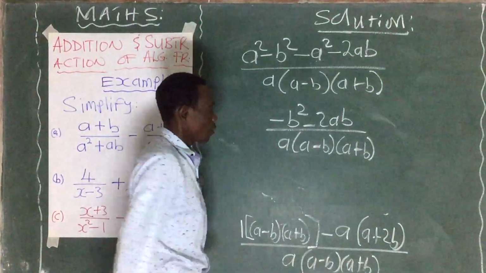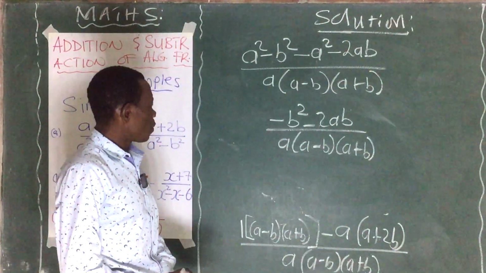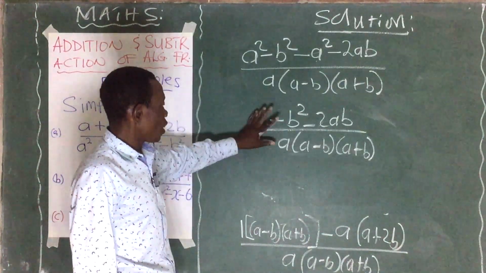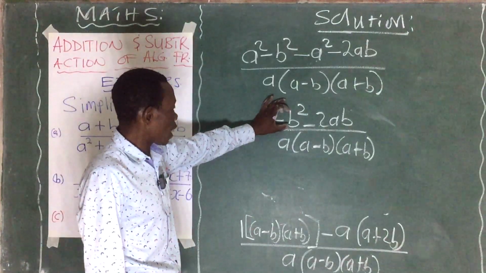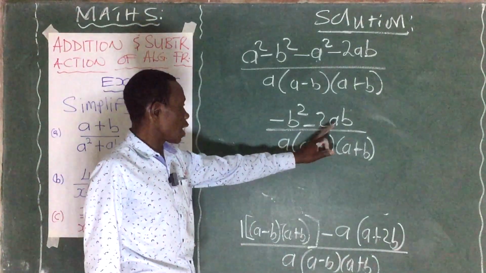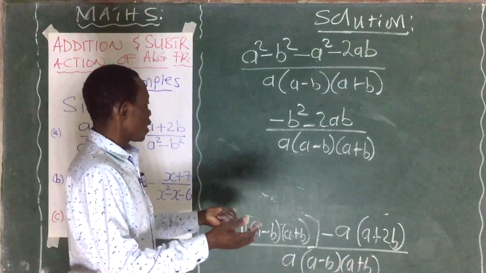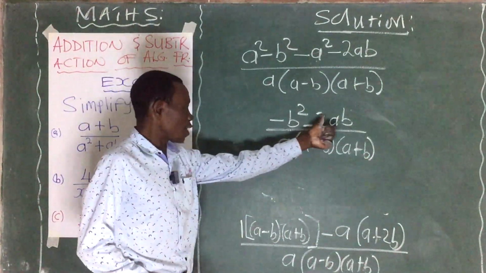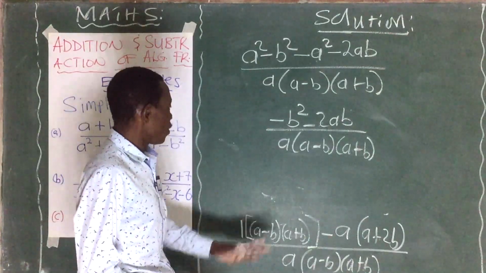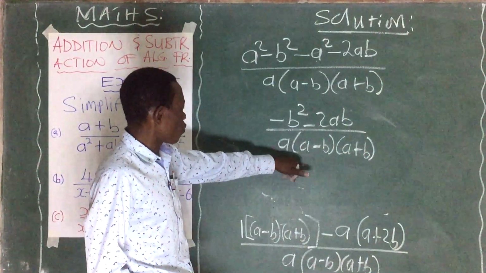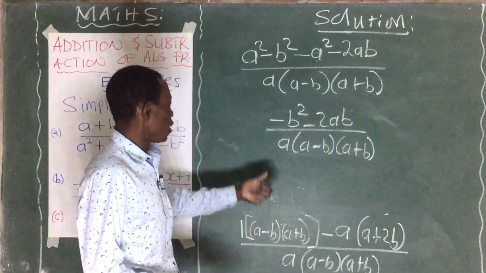Right. Still more, considering the top part, you'd find that we have a common factor for negative B squared and also negative 2AB. So in that case you still have the chance to factorize that. Since there's no factor that can simplify with the denominator, you can even leave it like that.